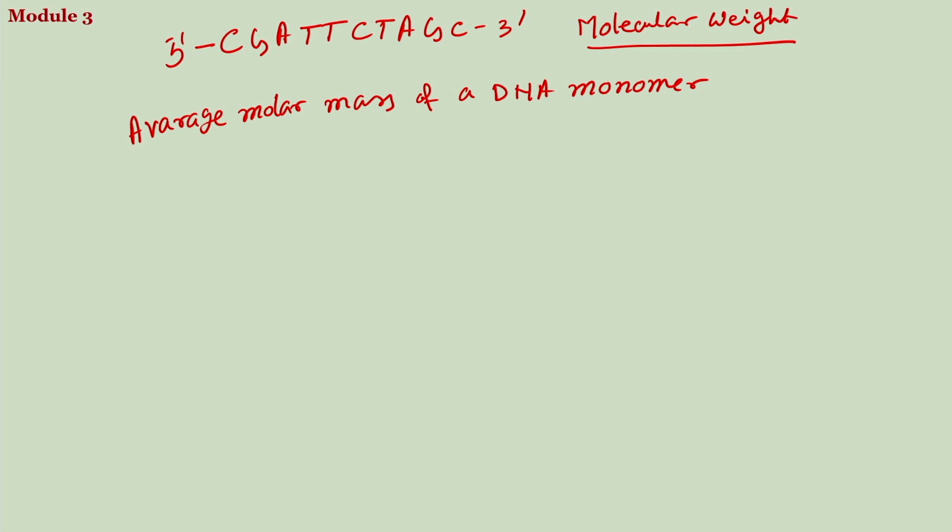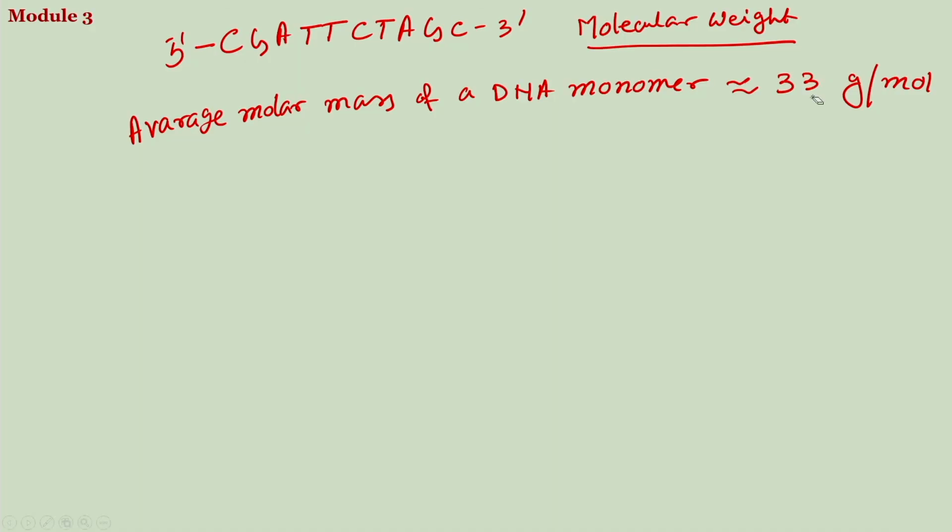So, the very quick calculation is that it is considered that the average molar mass of a DNA monomer is approximately 330 gram per mole. That is the number which has been calculated taking the average of all 4 nucleobases, and it is assumed that your DNA will be composed of almost equal number of all 4.